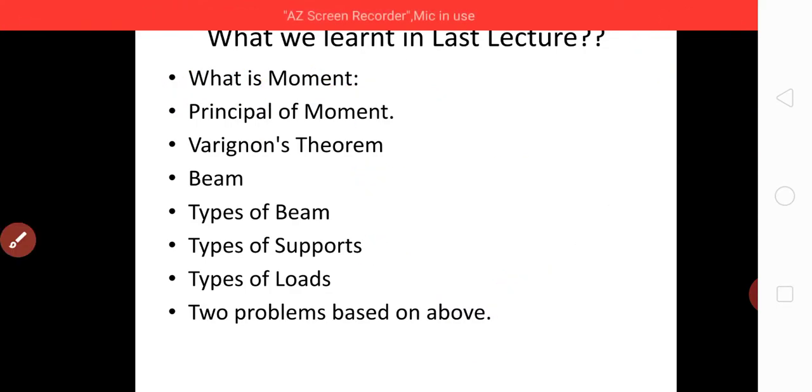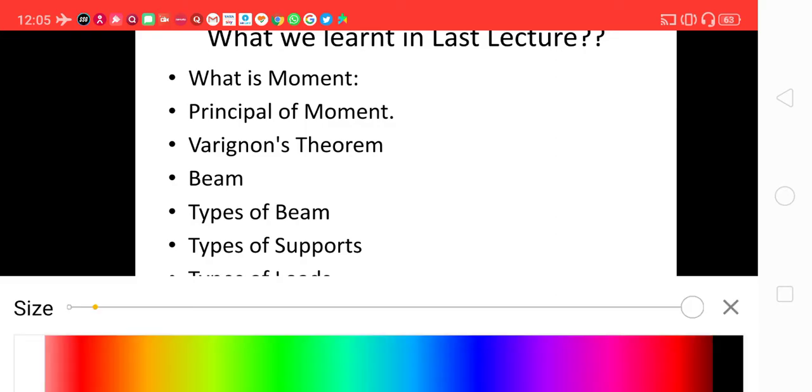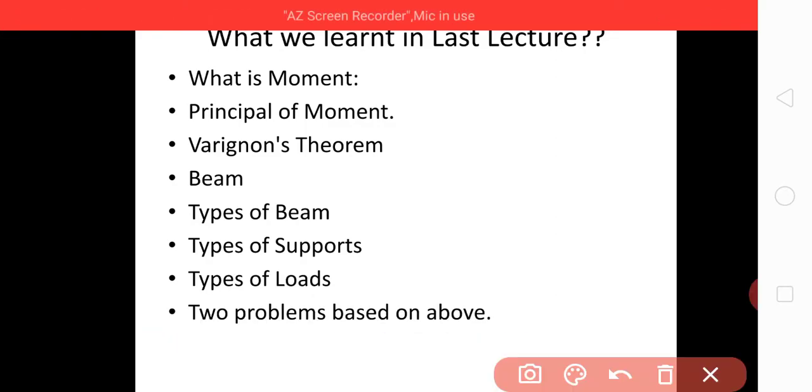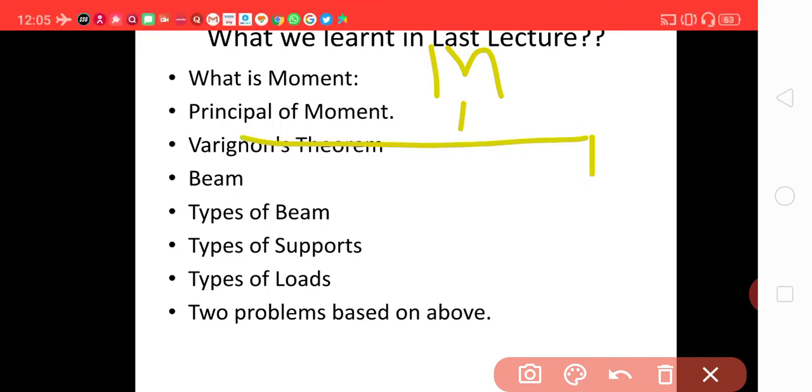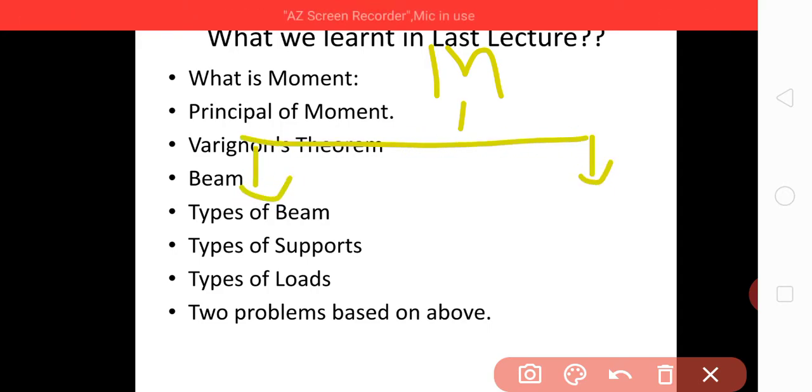Now again we acknowledged that the moment M is of two types, that is bending moment, which we normally represent by M, and the turning moment.